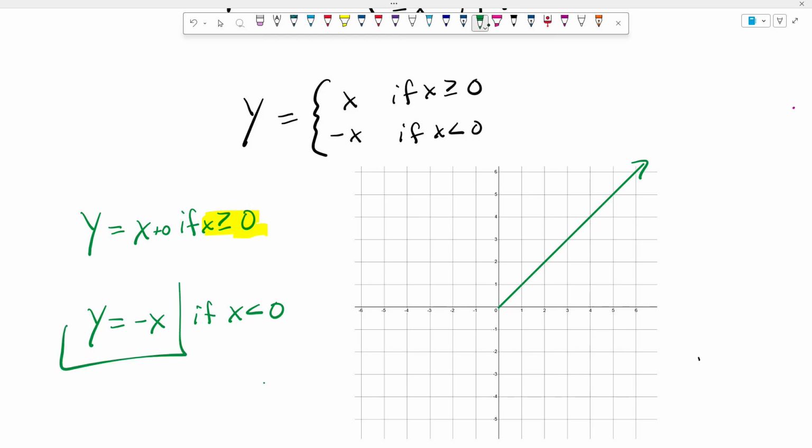And then this other piece is also a linear equation with a slope of -1 and a y-intercept of 0, which is that line, except it's only true when x is less than 0. It's only true to the left here, so we erase all of these.